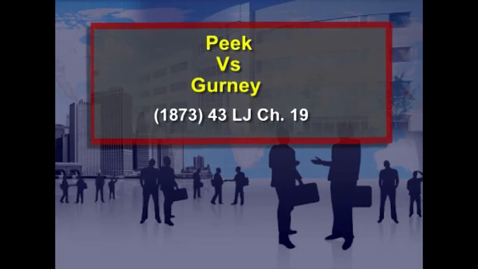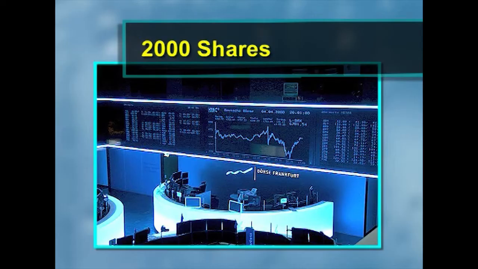The leading case on this issue is Peake v. Gurney, 1873, 43 Law Journal, Chancery, page 19. A deceitful prospectus was issued by the defendants on behalf of a company. The plaintiff received a copy of it but did not take any shares originally from the company. The allotment was completed, and several months afterwards the plaintiff bought 2000 shares on the stock exchange.